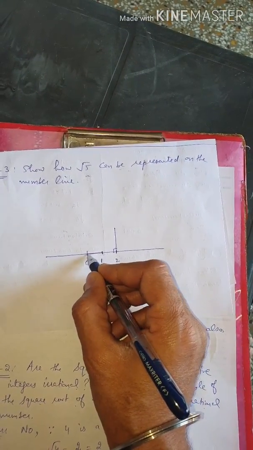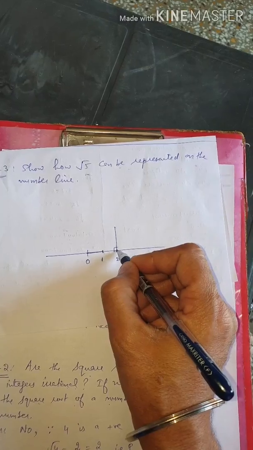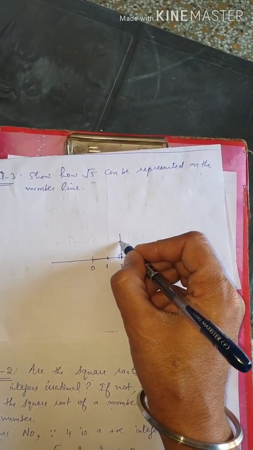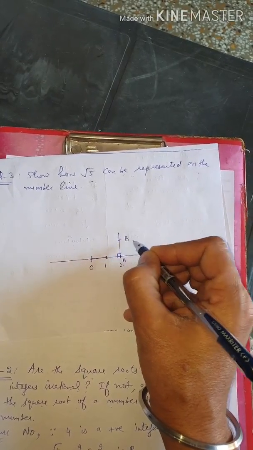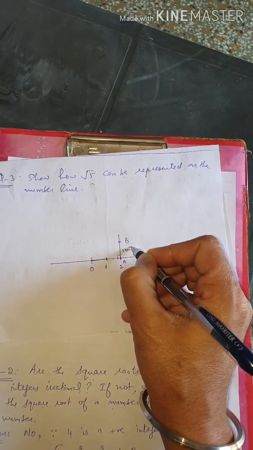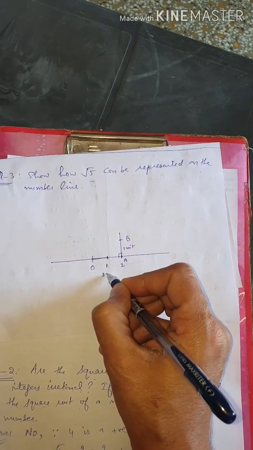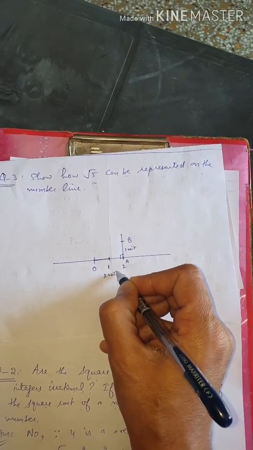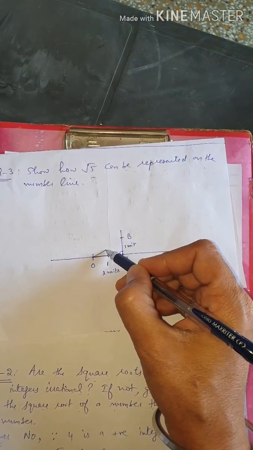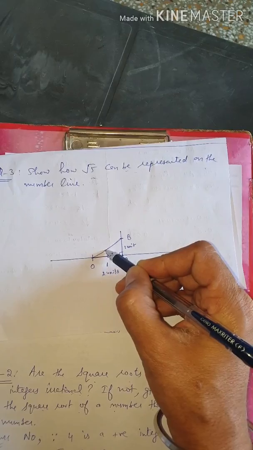Our 1 unit distance is 2 centimeters. So with the help of a scale, from this point A, select another point B to which you can mark at a distance of 1 unit. And what distance was here? It was 2 units. Then with the help of a scale, join A with B. A straight line should be there.